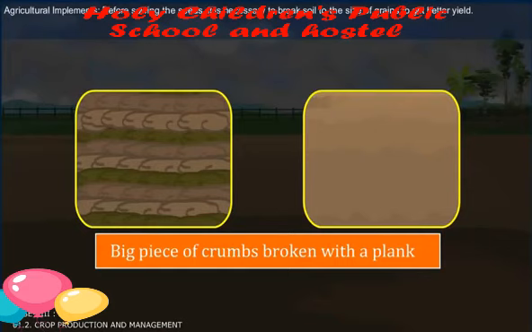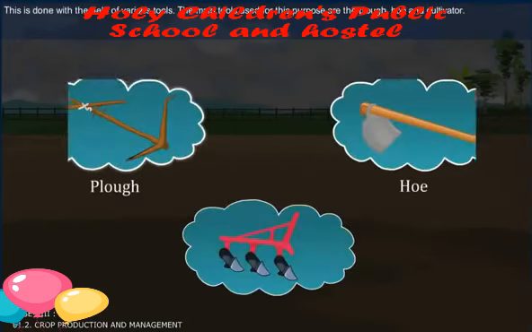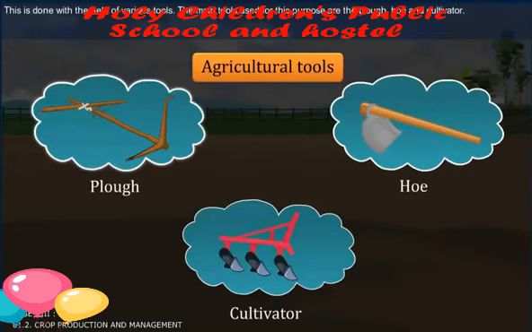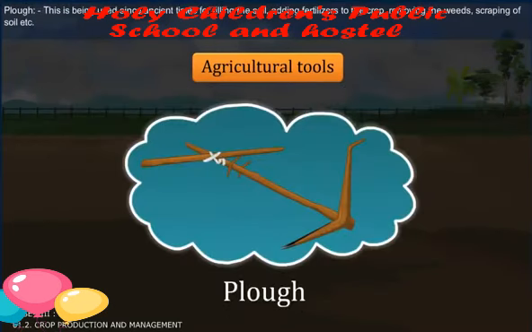Agricultural implements. Before sowing the seed, it is necessary to break the soil to the size of grains to get better yield. This is done with the help of various tools. The main tools used for this purpose are the plough, hoe and cultivator. Plough.